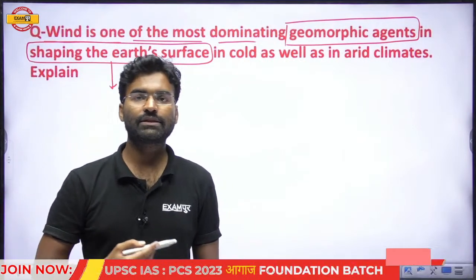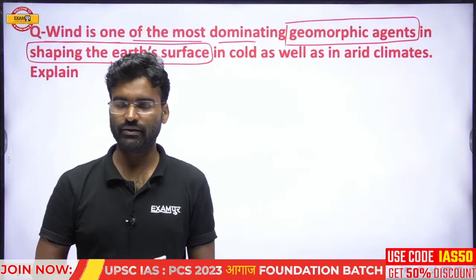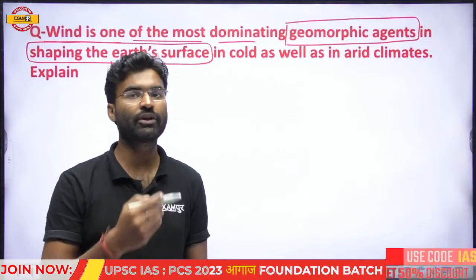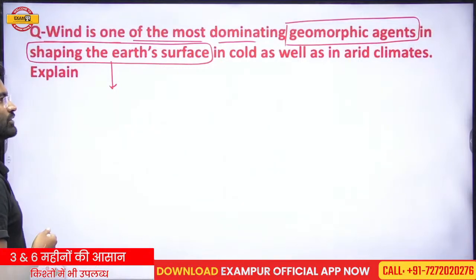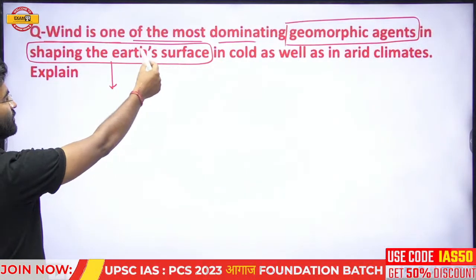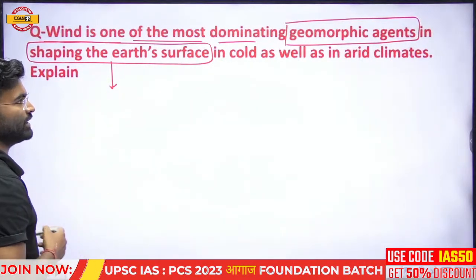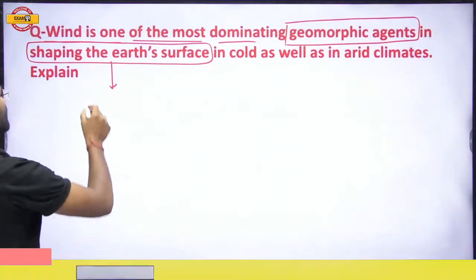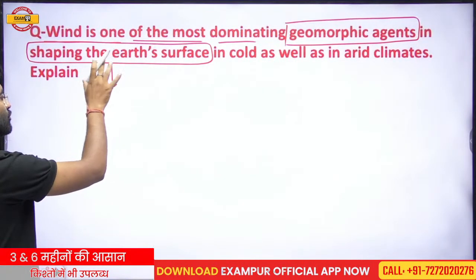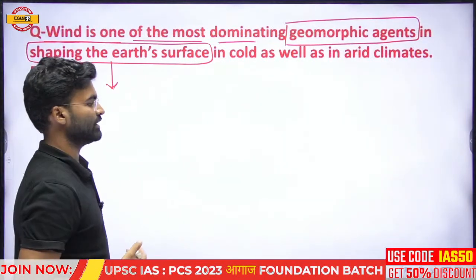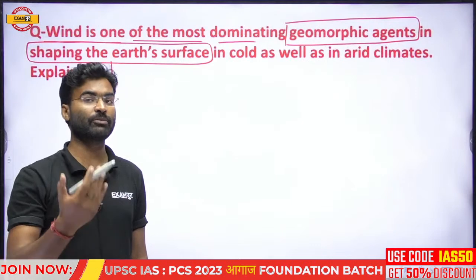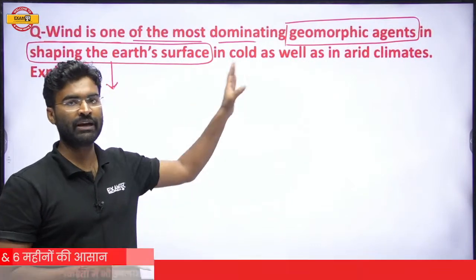Some endogenetic forces are responsible, some exogenetic forces are responsible, and the wind is part of the exogenic process. So there are many dominating geomorphic agents which shape the present Earth surface.